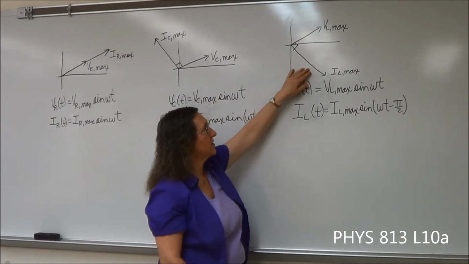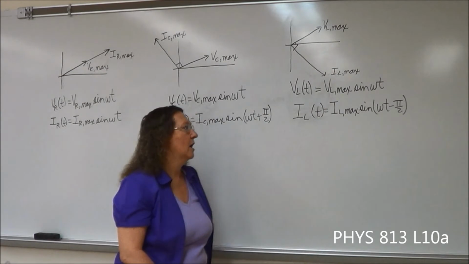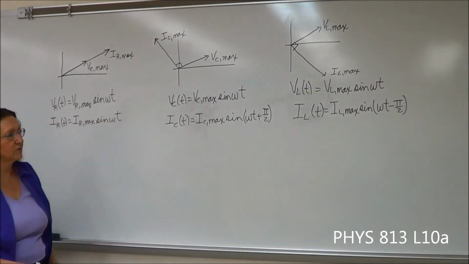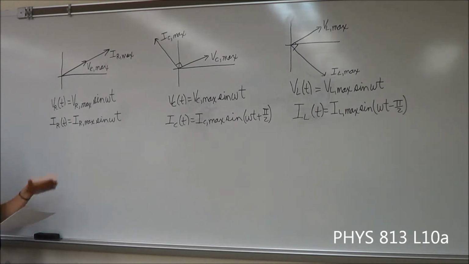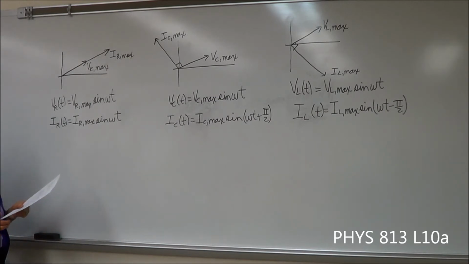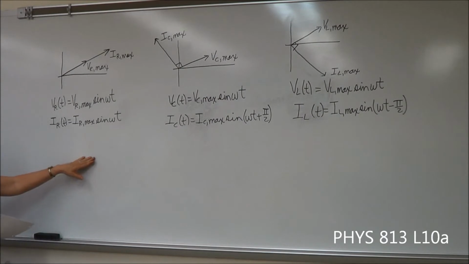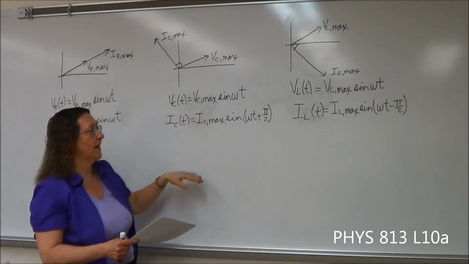And then for the inductor, the current is down here, so we had to have minus pi over 2. Now I'm not going to write the next two lines. The current maximum is the voltage maximum divided by the resistance. So it will be divided by R here. It would be divided by XC, which is the reactance.